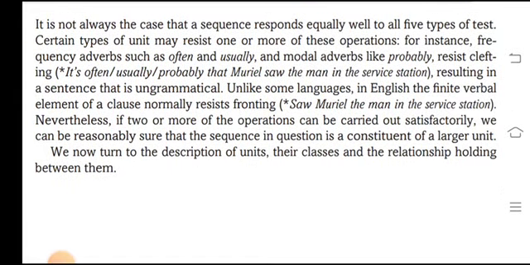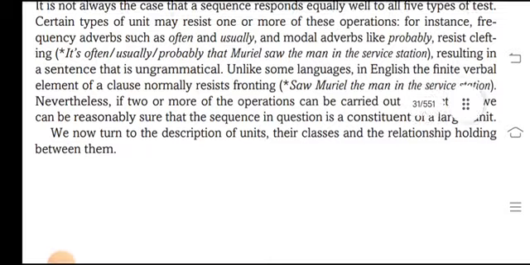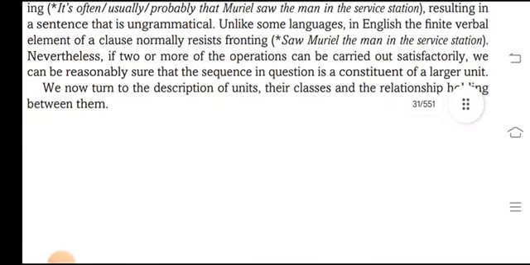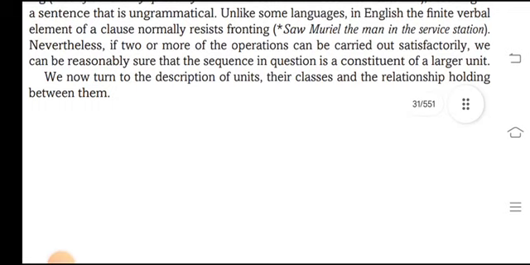And it is often, usually, probably that Muriel showed the man in the service station, resulting in either sentence that is ungrammatical. Unlike some languages, in English the finite verb and elements of other clauses normally resist fronting: show Muriel the man in the service station. Nevertheless, if two or more of the operations can be carried out satisfactorily, we can reasonably show that the sequence in question constitutes a larger unit.